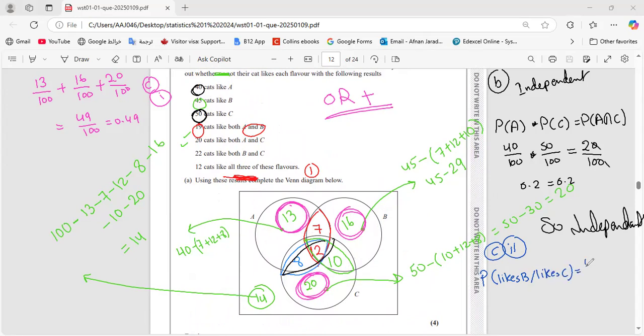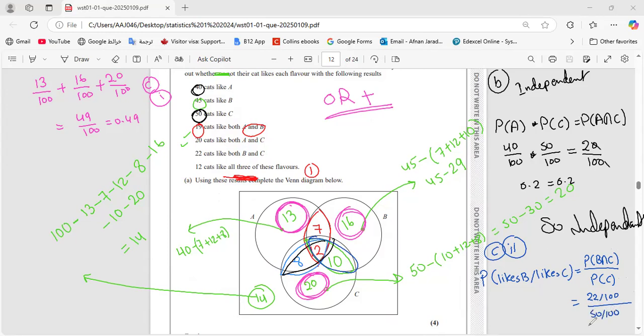Given that, so it's the probability of B intersect C, the cat likes B and C, over the probability of C. B and C is 22 over 100, over the probability of C, all that's inside circle C, which is 50 over 100.